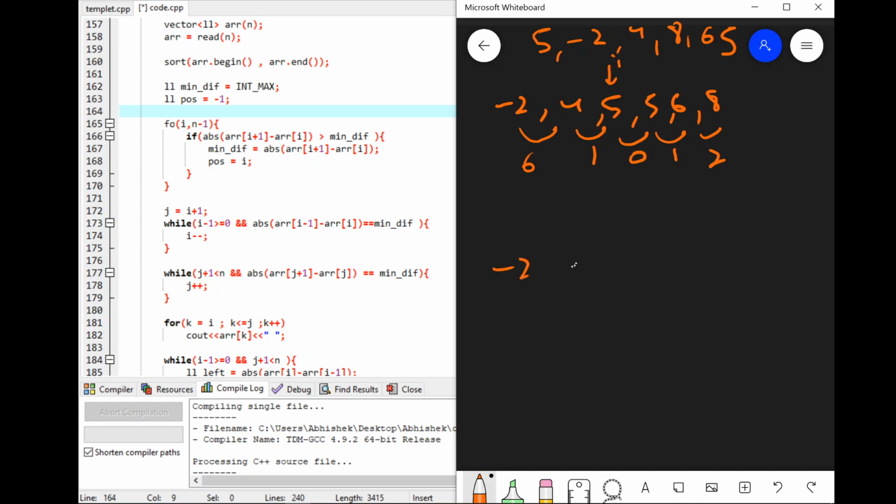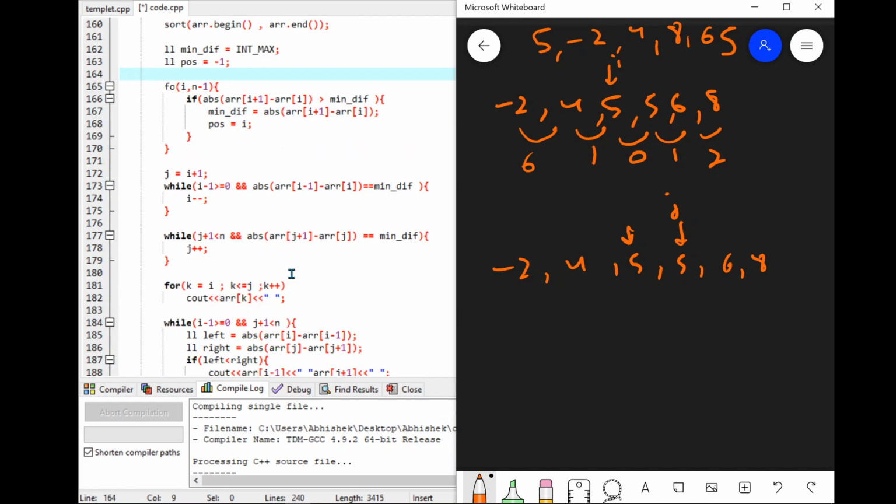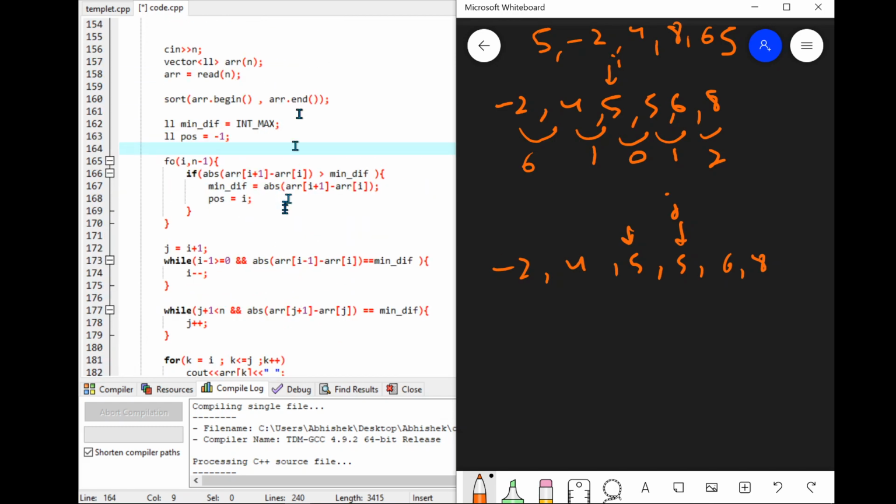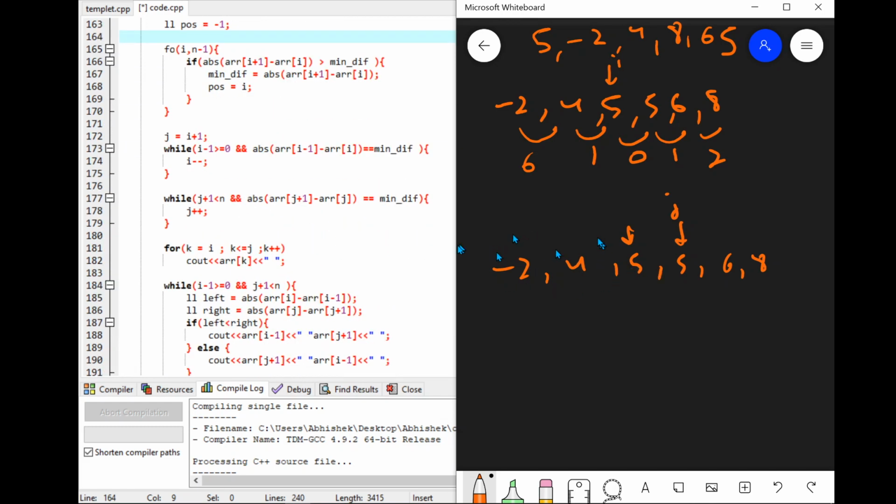So in the array, i would be here and j would be here. Okay, and we have found this. Now we are going on both sides till the difference is same on both the sides.